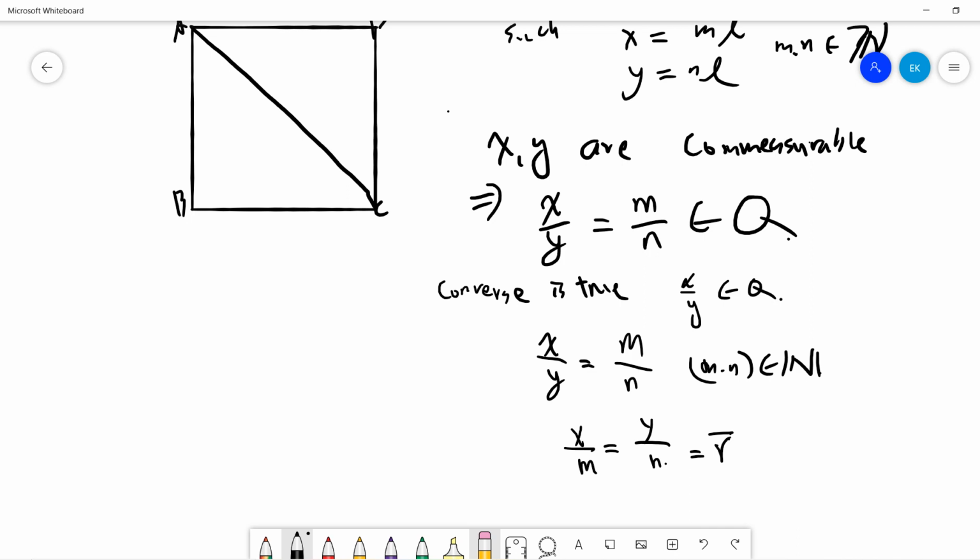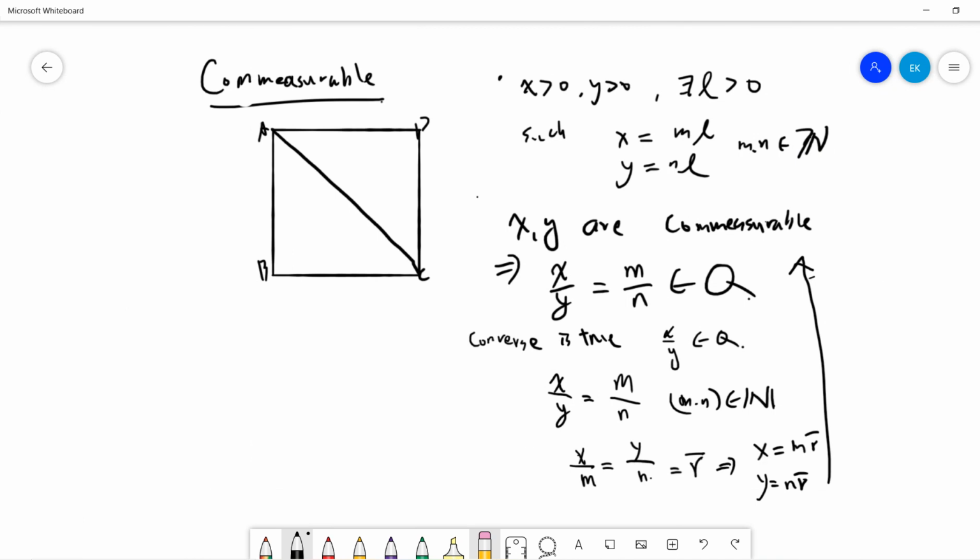Because x is positive, m is positive, y is positive, n is positive, x can be written as m r bar, and y as n r bar. So they are commensurable. So the idea is that x and y are commensurable if and only if their ratio is rational, if I define commensurable to be this.